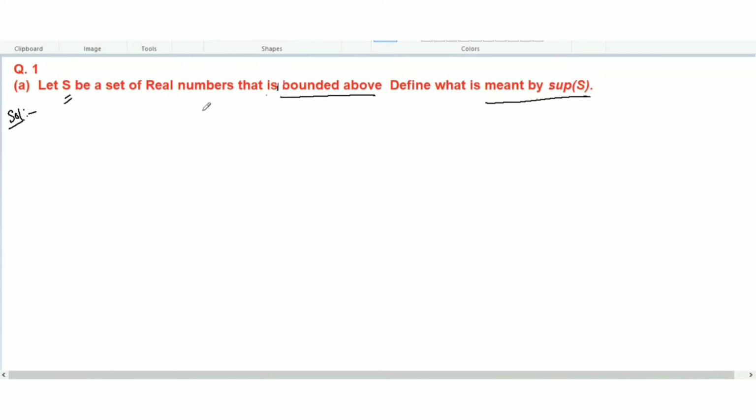So let's take S as a set here: 1, 3, 5, and 7. This is a set S, and 7 is the greatest element I have taken here. So every element of set S is less than or equal to 7. The maximum element of this set is 7.